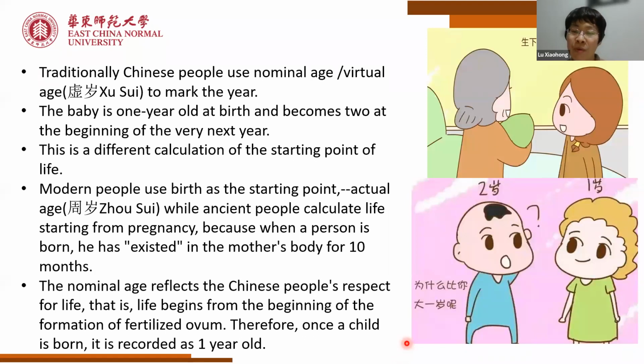And then if he was born in, let's say, October, he was 1 year old. And then the new year comes in January, Chinese New Year, which usually falls on January or February. And then after only several months, he is regarded as 2 years old. So that's their virtual age.